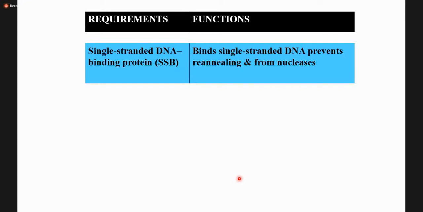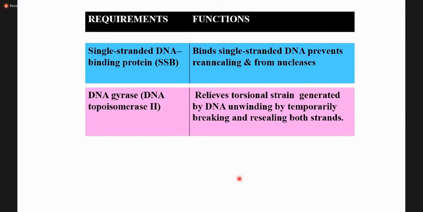Some other proteins involved in the synthesis of DNA are single-stranded binding protein, which helps prevent reassociation of both the strands. It keeps both the strands apart from each other and also protects them from the nuclease enzymes. Similarly, DNA gyrase enzyme, a topoisomerase 2, relieves the torsional strain generated by the unwinding of the DNA.